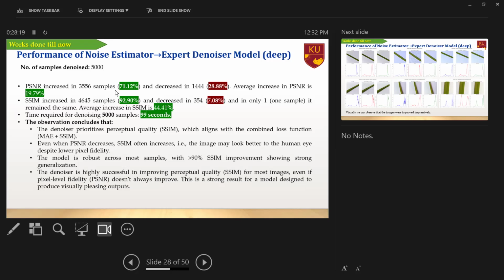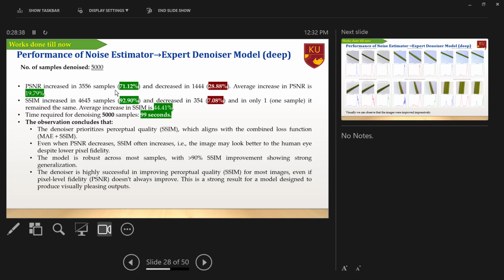So if we compare the time required for predicting or processing these images, the deep model takes 79 seconds for processing, I can say, 5,000 images, and this model takes 99 seconds for processing 5,000 images.